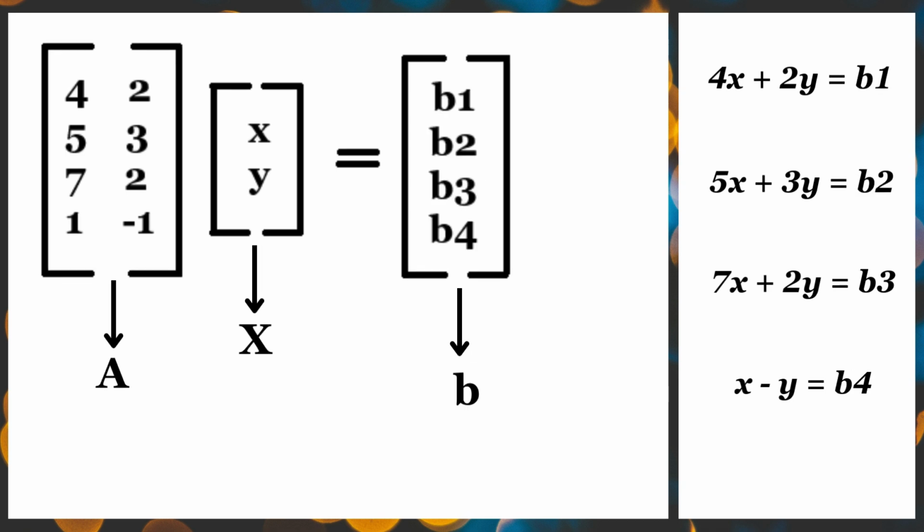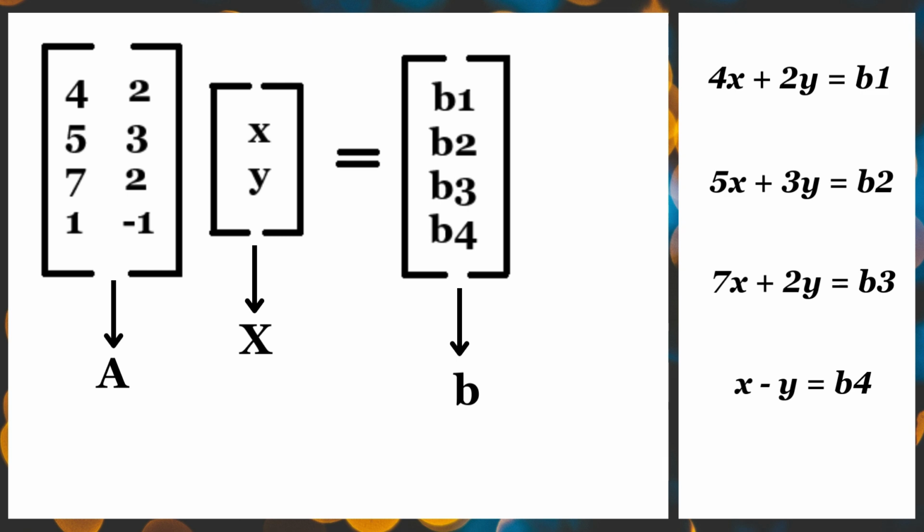So if you look over here, the vector b now has b1, b2, b3, and b4. So we are still keeping the same equations, but on the right hand side of the equal sign, we are just substituting the numerical values with b1, b2, b3, and b4.